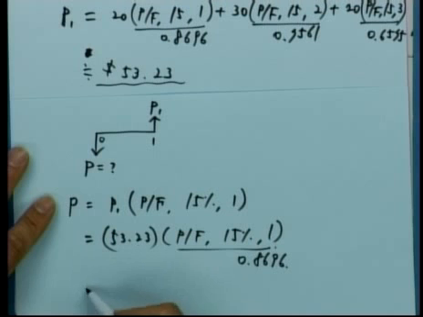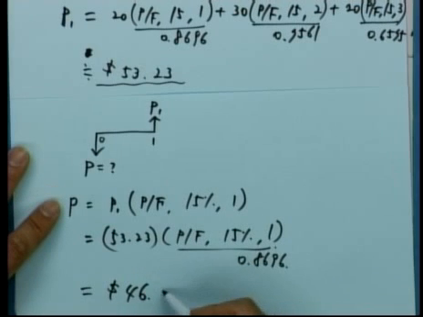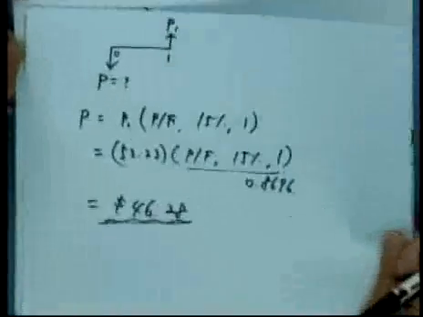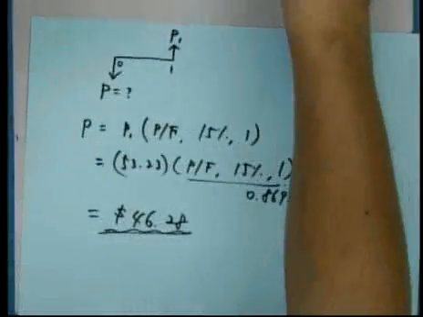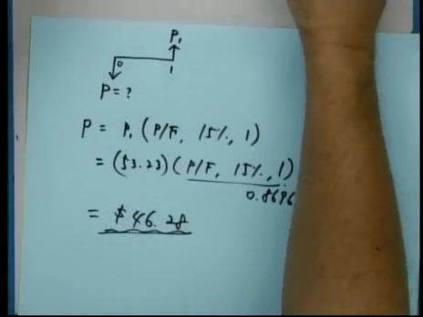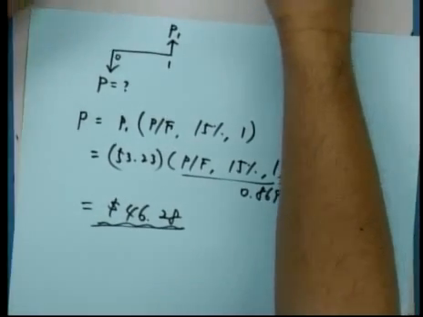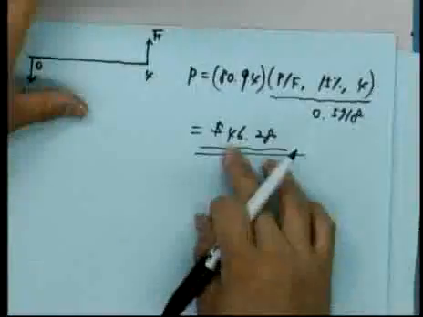So again, we're going to have the final value of $46.28. Okay. So this solution is, of course, exactly the same as the ones from the previous two solution methods, right? Those are 46.28.